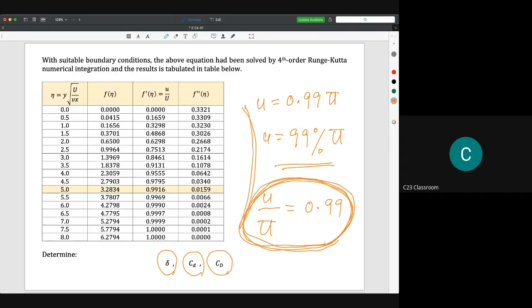From this table, we know that f prime here is equal to u over U. And then from this column, you need to find the nearest value to the 99%.